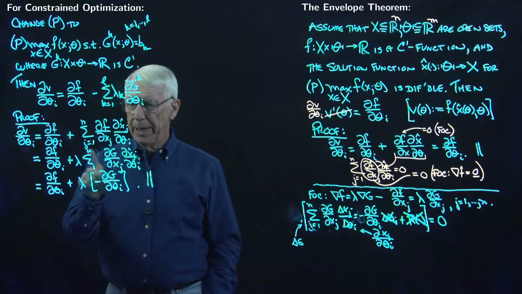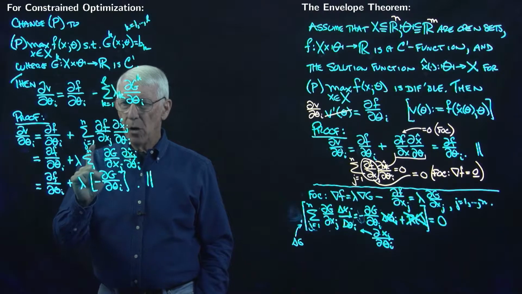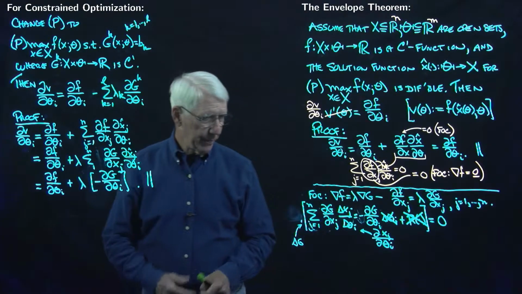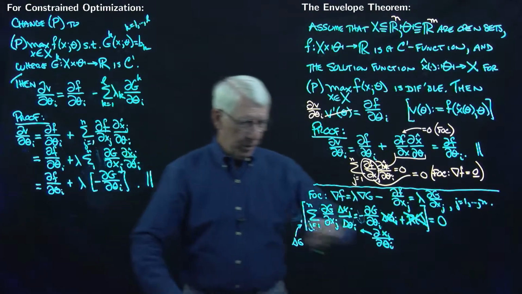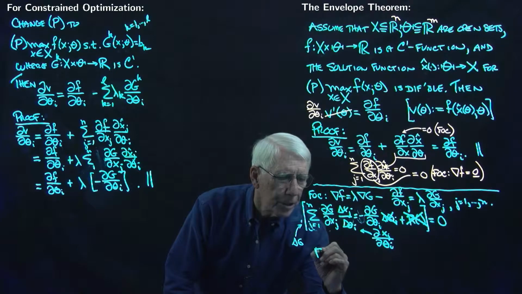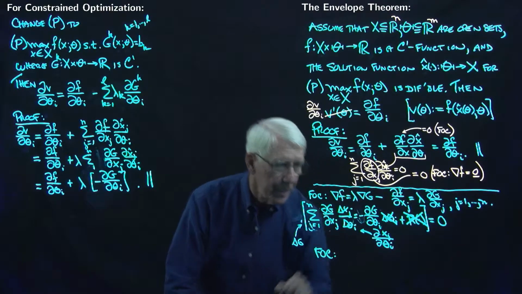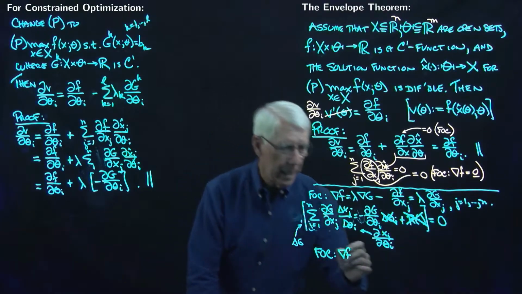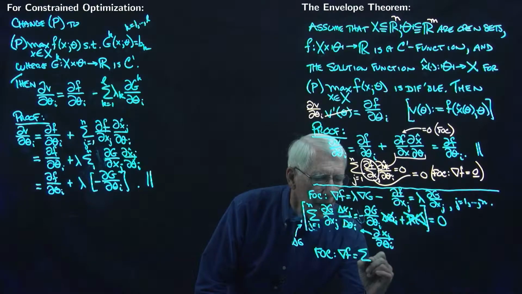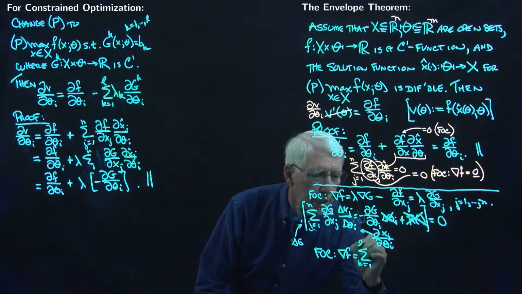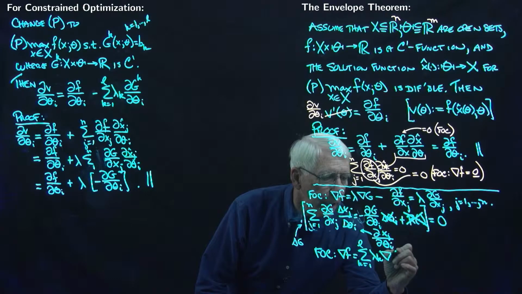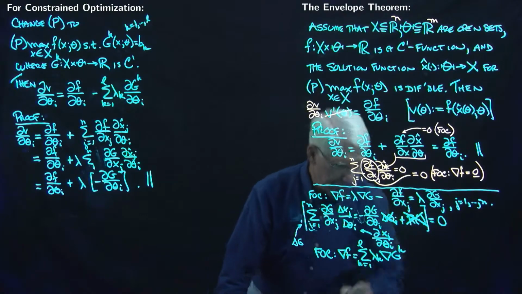But then at this step here, we now need to apply our first order condition. So let's put the new first order condition for the multi-constraint problem down here. And that is that the gradient of f is equal to the sum k equals 1 to L of lambda k gradient gk.